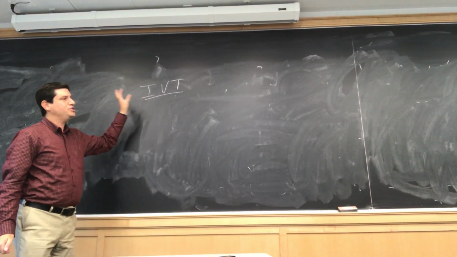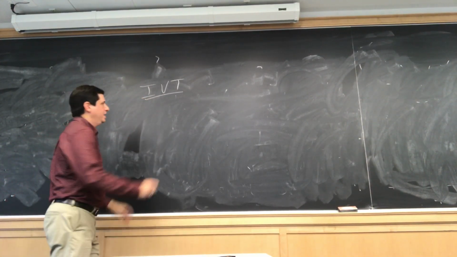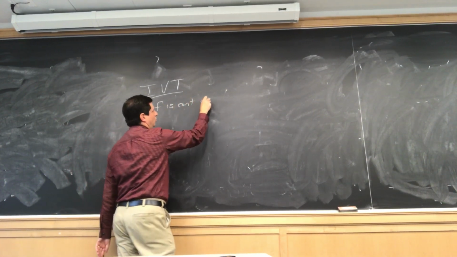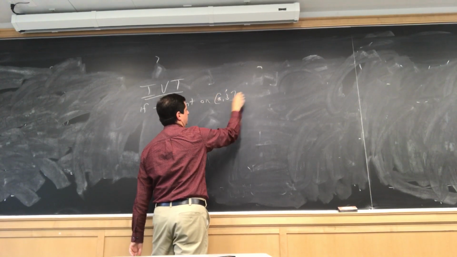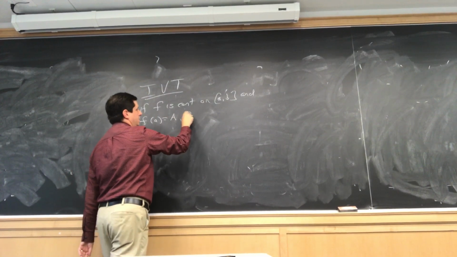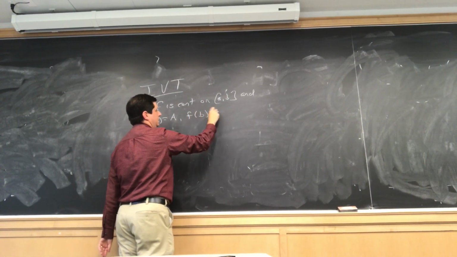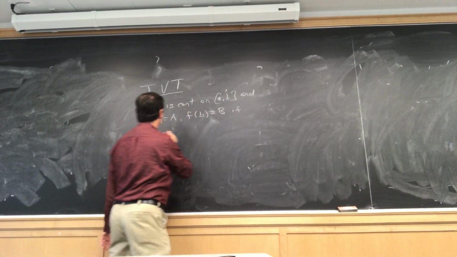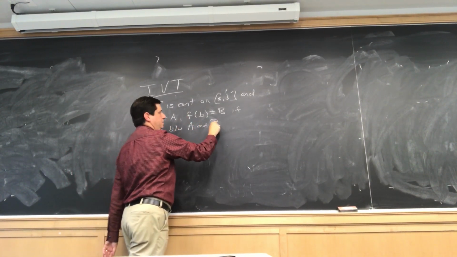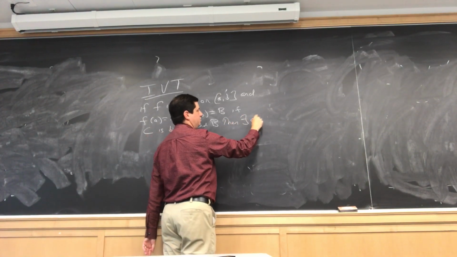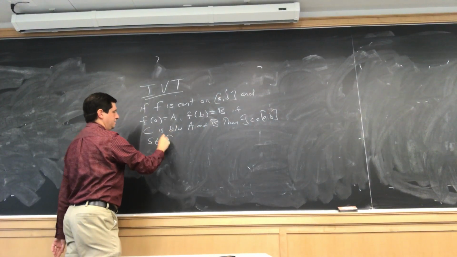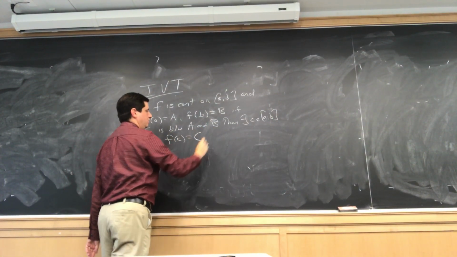So this is a great result, the intermediate value theorem. And it says, if f is continuous on [a, b], and let's say f(a) = a, f(b) = b, if c is between a and b, then there exists a little c in [a, b] such that f(c) = c.